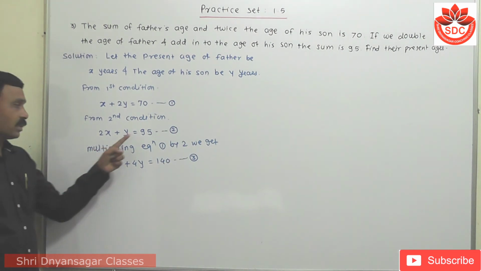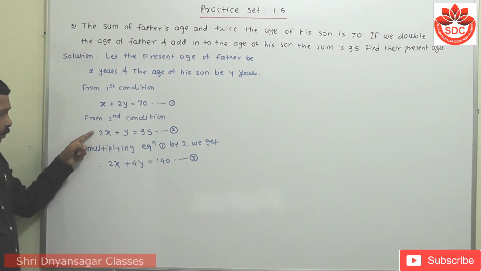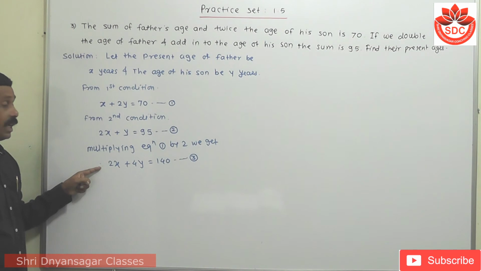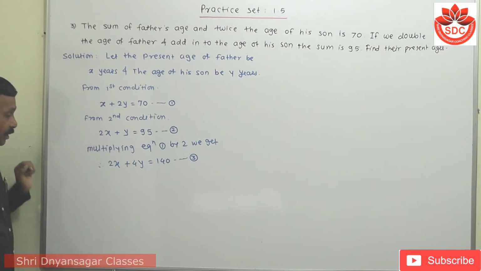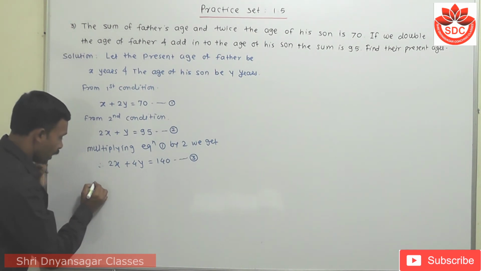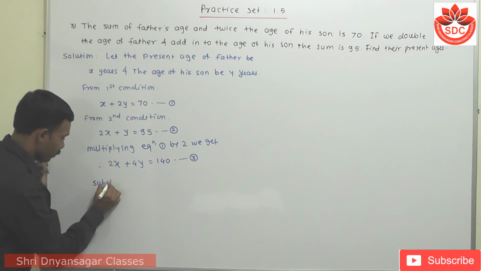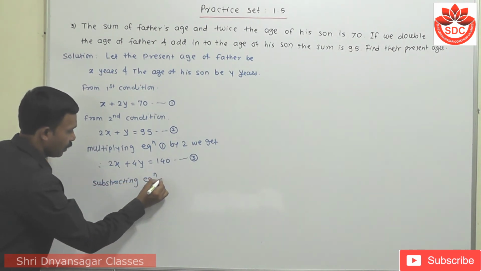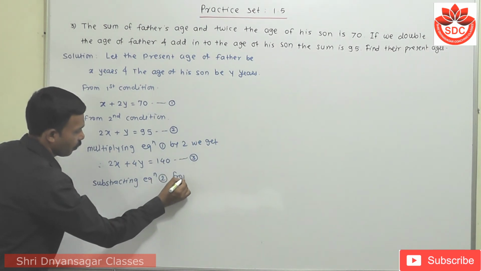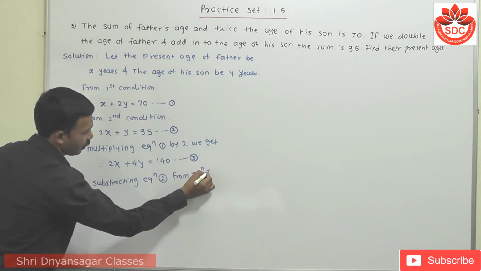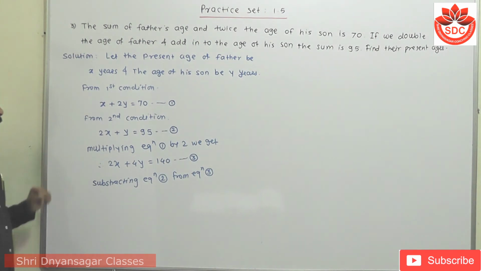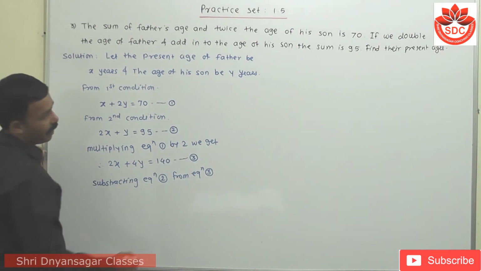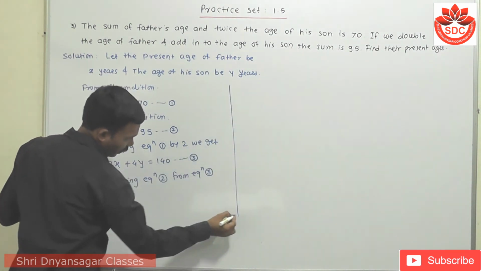Now observe second and third. Both having plus plus sign, means that you have to take its subtraction. So I have to write subtracting equation second from equation third. I have to take this subtraction here.